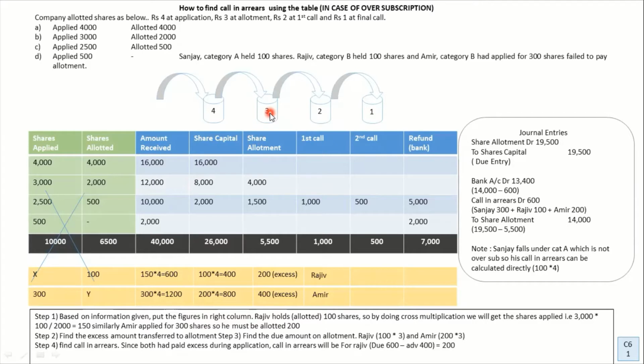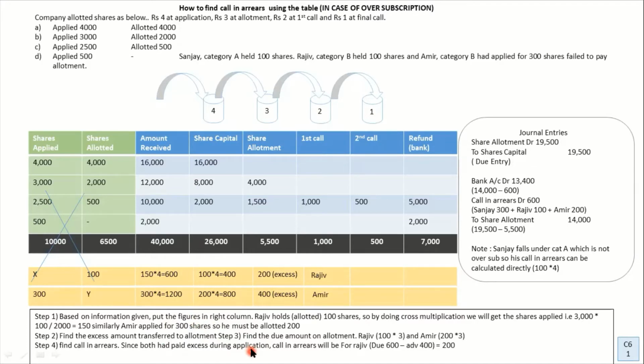But he is not a defaulter of 600 because he had paid 400 excess. That means only 600 minus 400, 200 is what the call in arrears is. Both the thing has been clearly mentioned in step number 1, 2, 3 and 4. I'm sure you will understand this step.